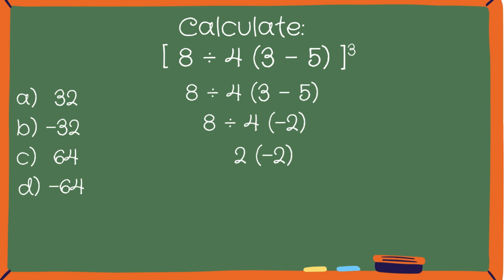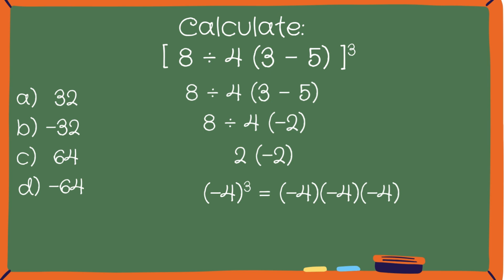So, what does this expression equal? It equals minus 4 cubed, which is the same thing as minus 4 multiplied by minus 4 multiplied by minus 4. Let's start with the signs. Minus with minus equals plus, plus with minus equals minus. So, the result of this cube will be negative.